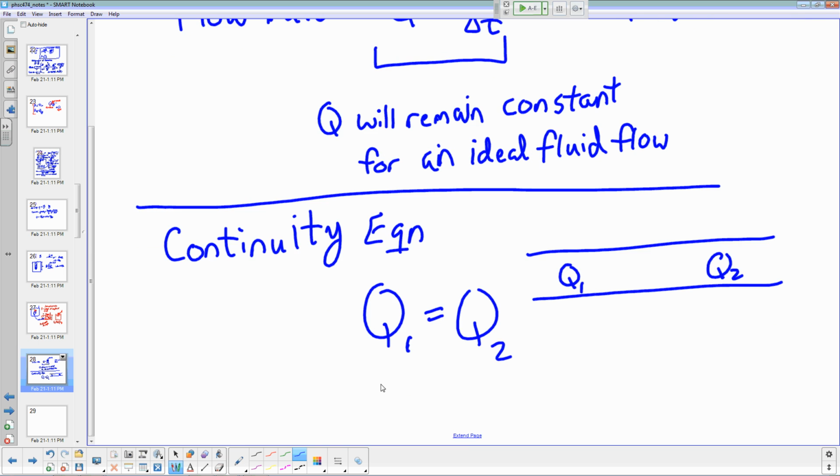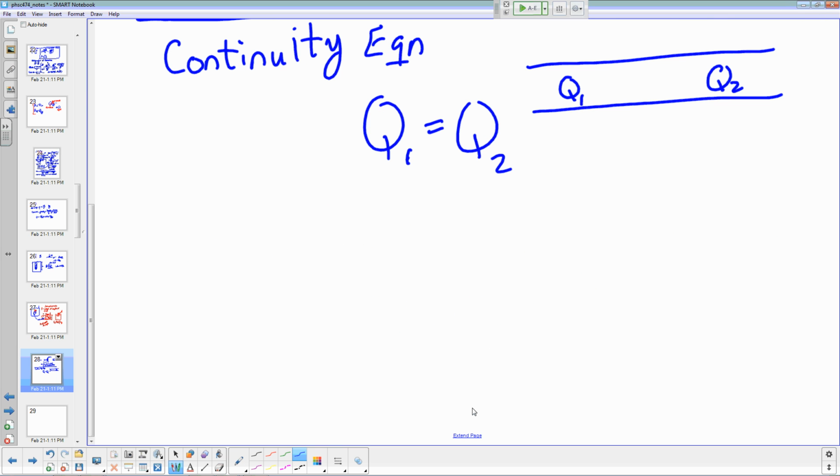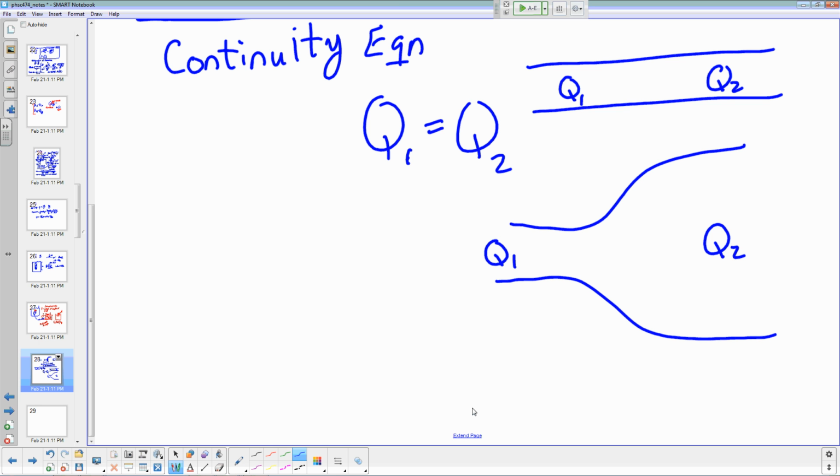That's also true if you change the shape of the pipe. So if I have a pipe that looks like this and then it gets bigger, I have a certain flow rate here, Q1. I also have to have that flow rate here, Q2, right? So the flow rate is going to remain constant, but your velocity is actually going to change. And that comes about with the continuity equation.